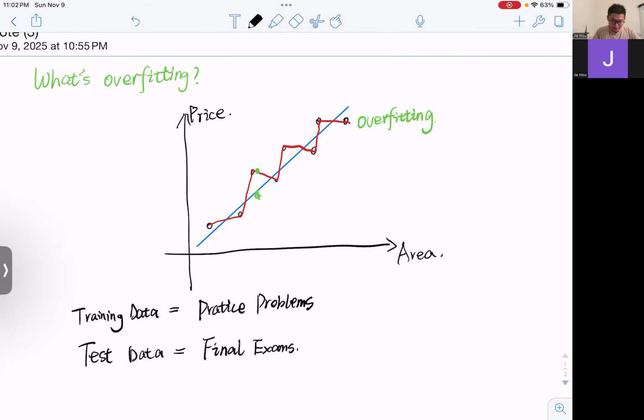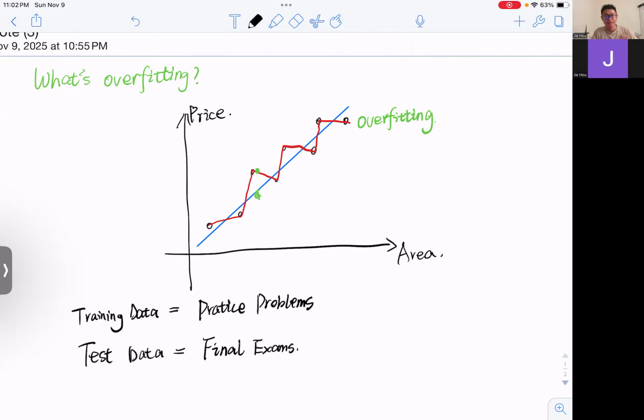But for model B, the student didn't totally understand the concept. He just tried to memorize the solutions of the practice problems.